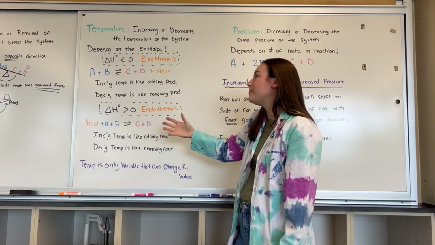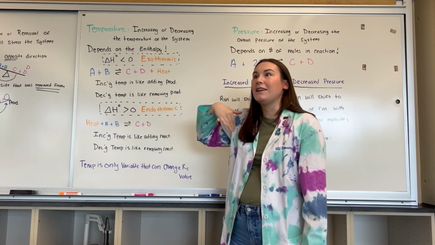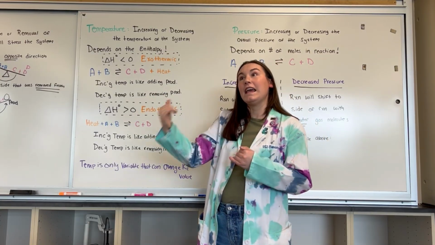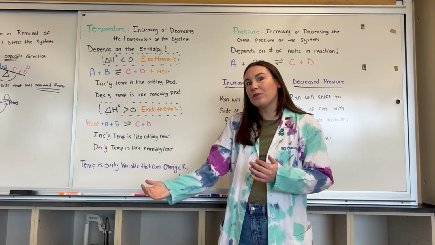Heat is a product. When it's exothermic, we can think of heat as a product, and if we can think of heat as a product, we can think of our concentration stress. If I increase the temperature, I'm adding heat, so I'm adding a product.